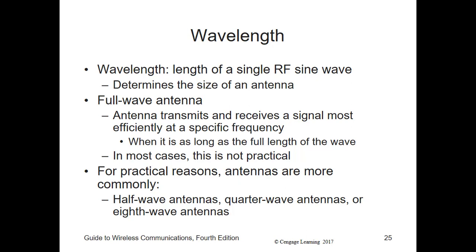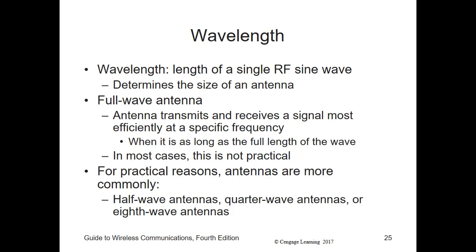So this is called a full wave antenna. In most cases, it is not practical. For example, a full wave antenna for an AM station might be about 1,857 feet, whereas a typical cellular antenna would have to be about 13 inches overall.